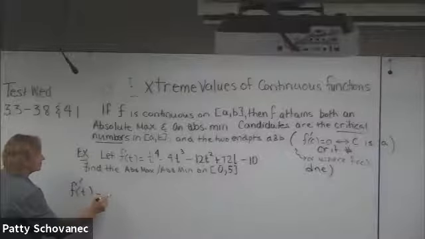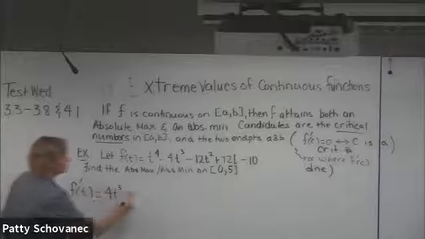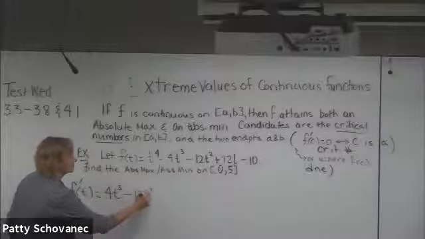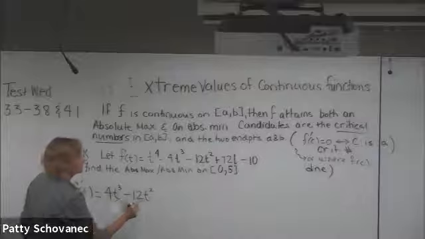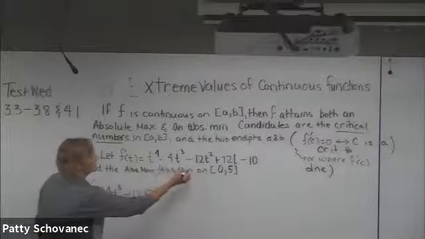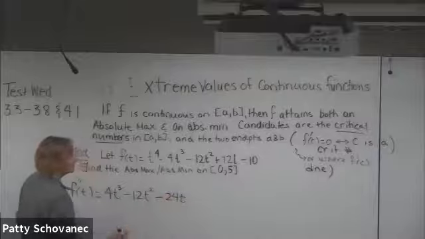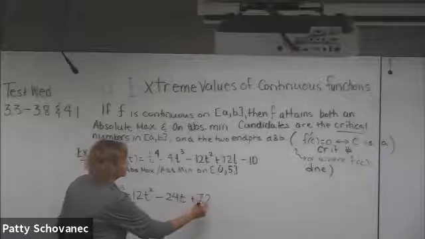We get 4t cubed minus 12t squared minus 24t plus 72.